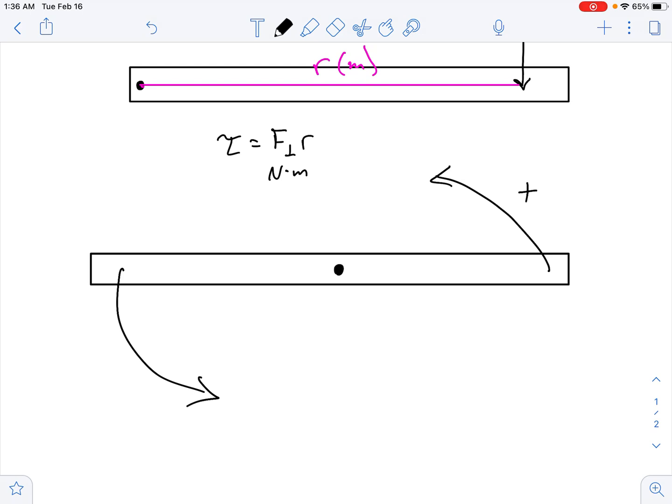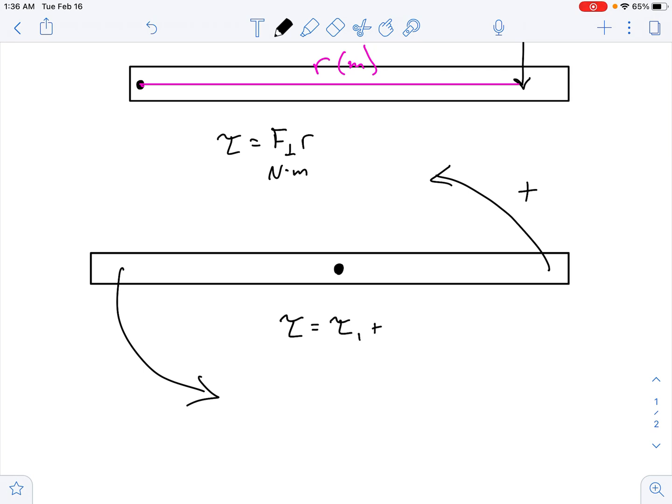Just like we had when it comes to our forces, we can have a total torque or a net torque. My net torque is really just all of my torques added together, however many I might have.